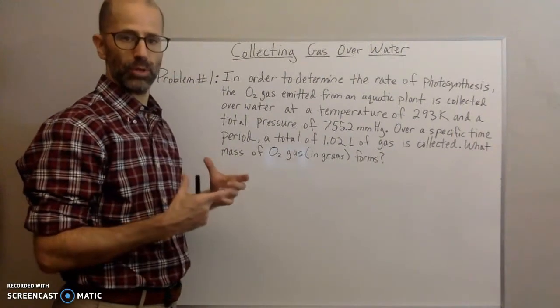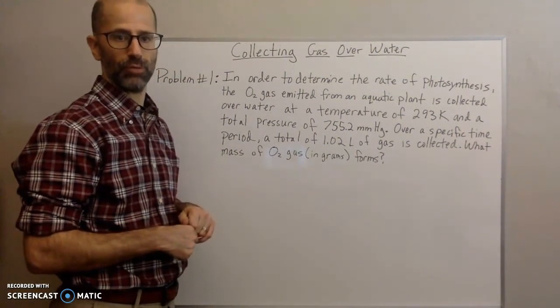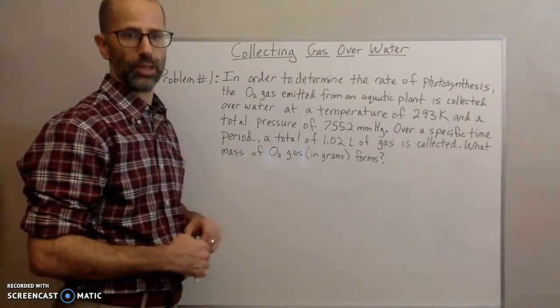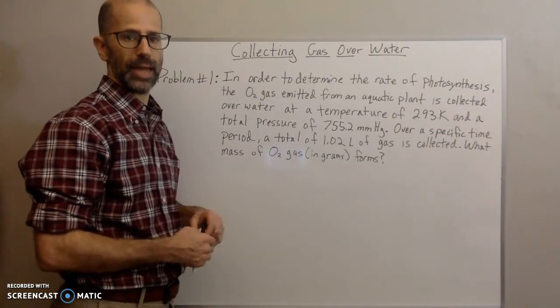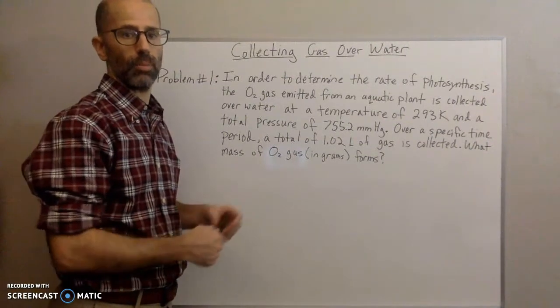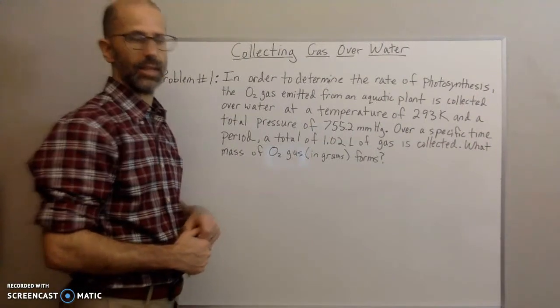What's left over is the partial pressure of the gas you are collecting, and then you can use that for further calculations, like plugging into the ideal gas law to find the number of moles of the gas.